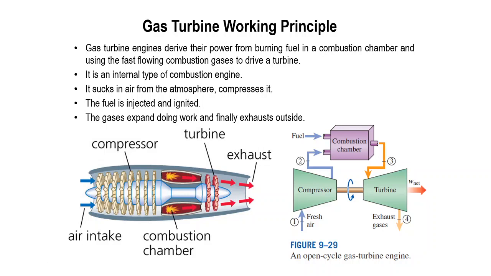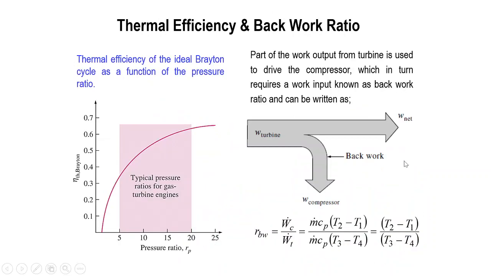So the compressor operates using the work from the turbine. That's why we have a back work ratio: the ratio between the work of the compressor and the work of the turbine.